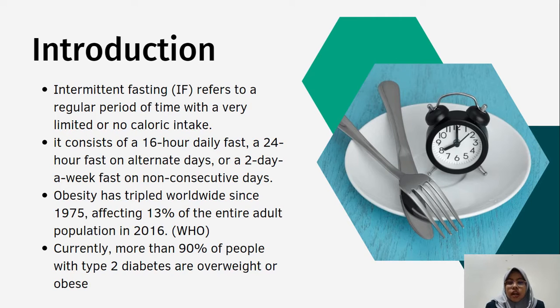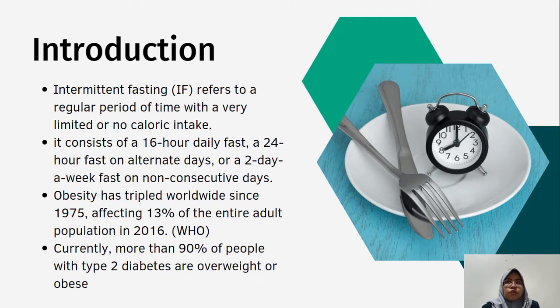Intermittent fasting, or IF, refers to a regular period of time with a very limited or no caloric intake, that is, a period of voluntary abstinence from food and fluid intake, or also called the energy deficiency method.